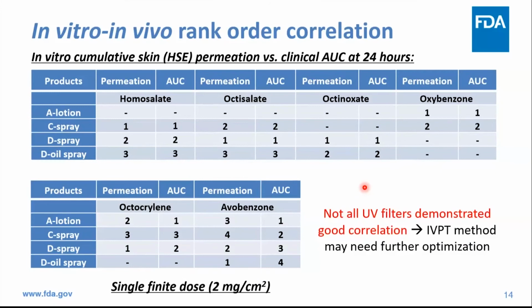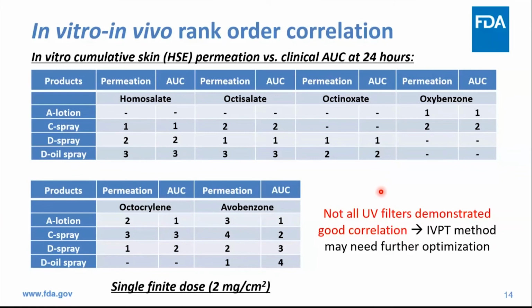The original AUC data was obtained from the published FDA sunscreen clinical study in JAMA in 2020. We can see from the top table that 4 UV filters exhibited rank order correlation between the in vitro cumulative permeation and the clinical AUC. This is a level C IVIVC, comparing rank orders only.